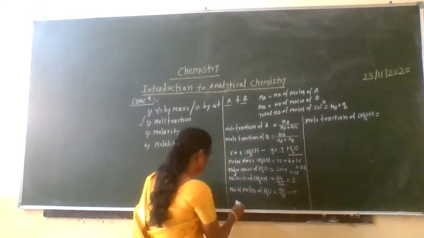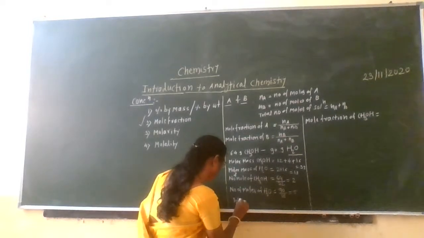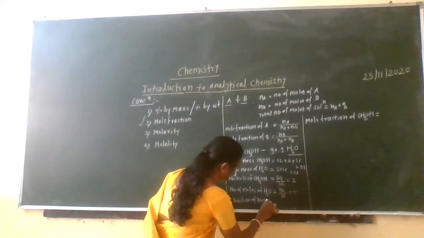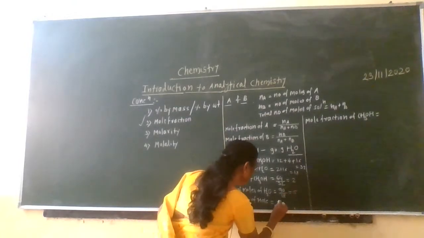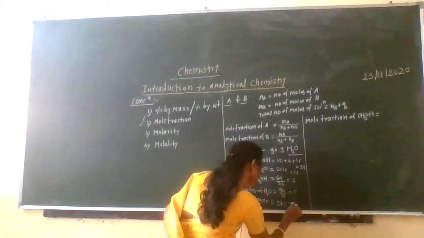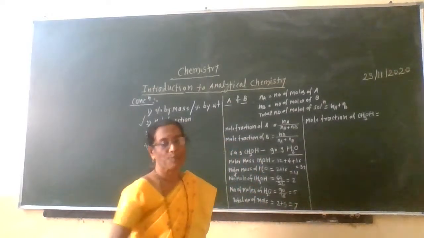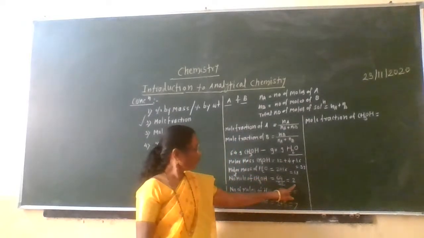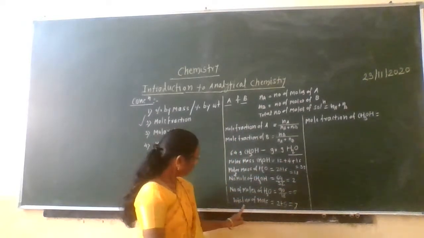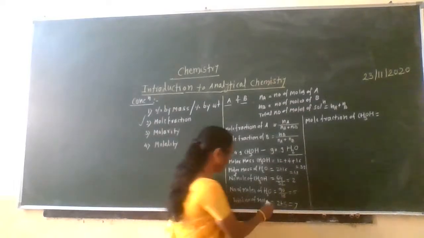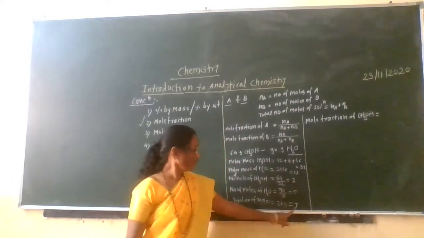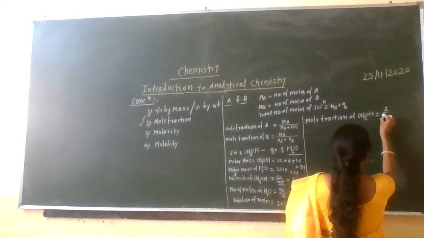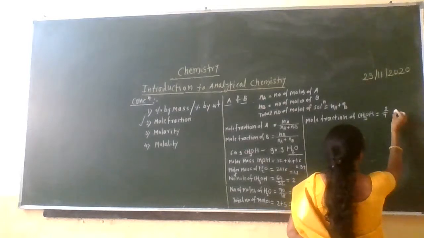Here the total number of moles becomes 2 plus 5, which is 7. The number of moles of methyl alcohol is 2 and the total number of moles present in the solution is 7. Therefore, here 2 divided by 7.